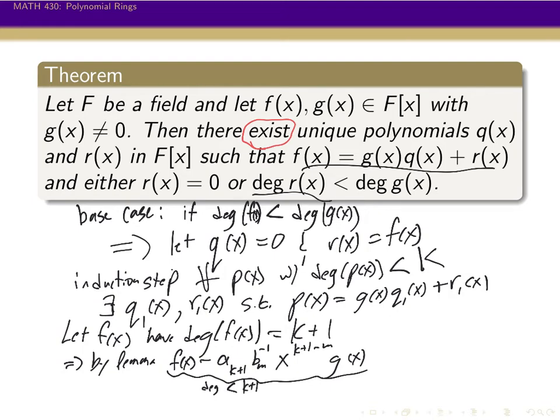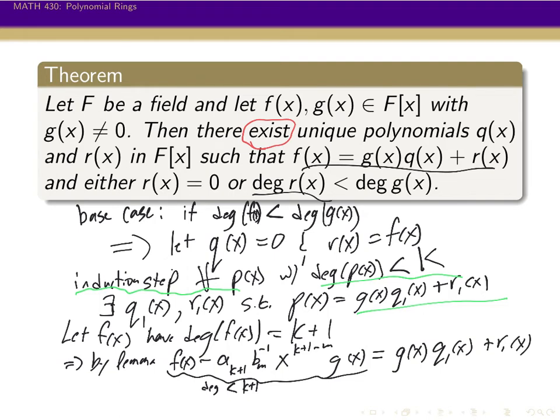And so then it falls into our induction hypothesis, and we can rewrite it using q1 plus r1. So this will be equal to g of x times q1 of x plus r1 of x.